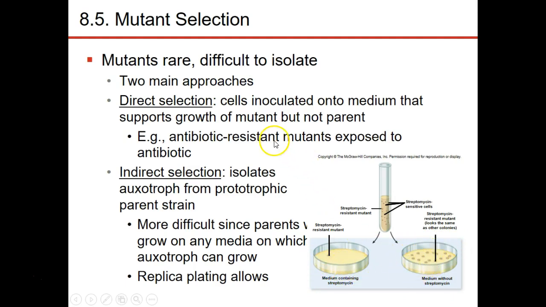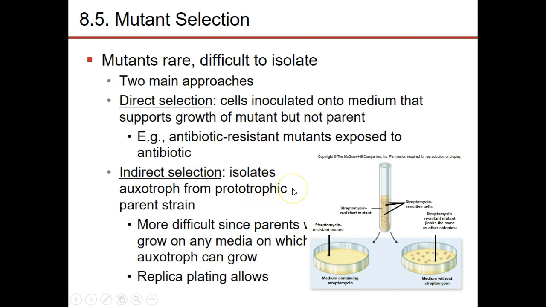If we're looking for an antibiotic-resistant mutant, then if we expose the mutant to the antibiotic that it's supposedly resistant to, only those cells should grow. Any cells that don't grow don't have that resistance factor, so we directly selected for it.